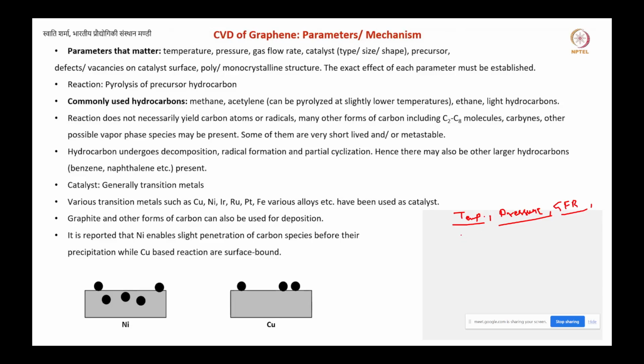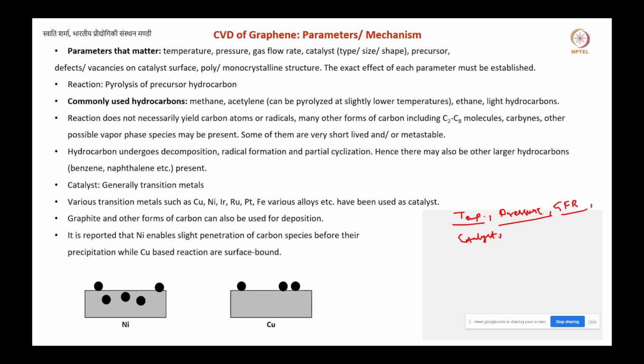The next is your catalyst. In order to start any process, you require a catalyst. So you should know what kind of catalyst it is, what size you are using, and what shape you are getting. That also affects your deposition when you do the CVD.